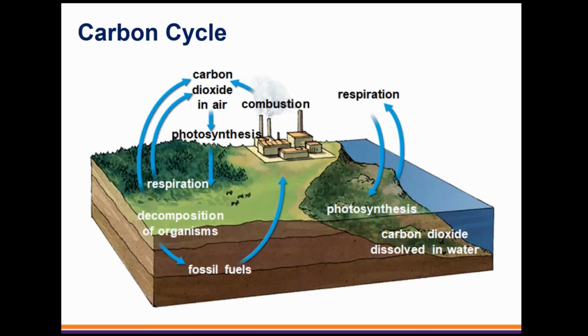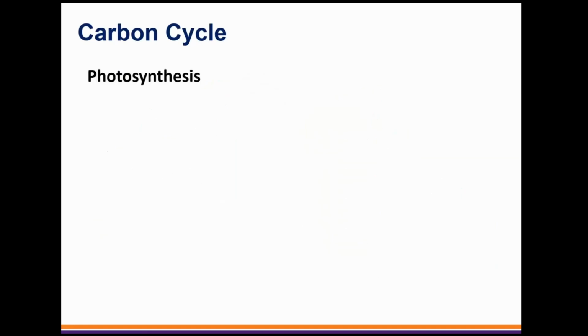We burn carbon through combustion to produce carbon dioxide. And we can also have decomposition of organisms, which occurs in the soil. And then apart from that, we can also have processes like biodegradation and also precipitation. Okay, I will discuss each one of these.